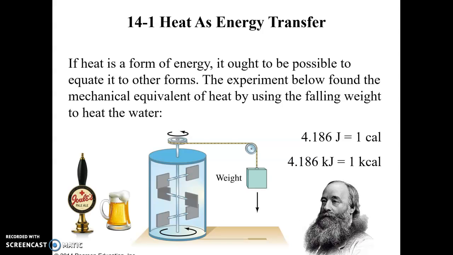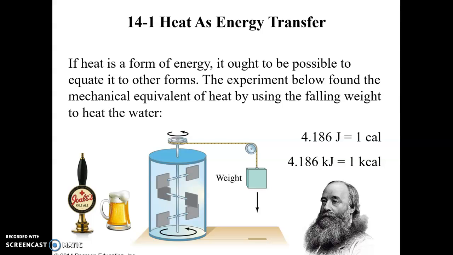James Prescott Joule, for whom the unit of energy, the joule, is named, was also a brewer. He made beer. And he is the scientist who came up with this idea of thermal energy, of the calorie.